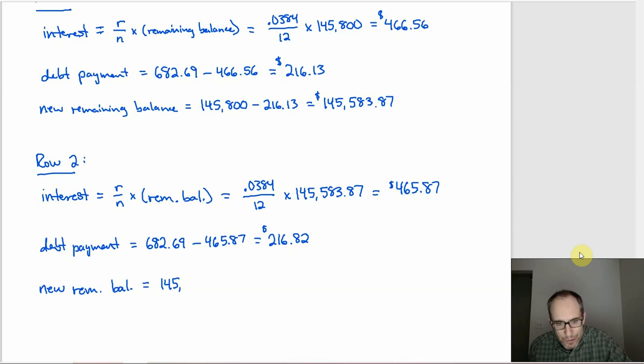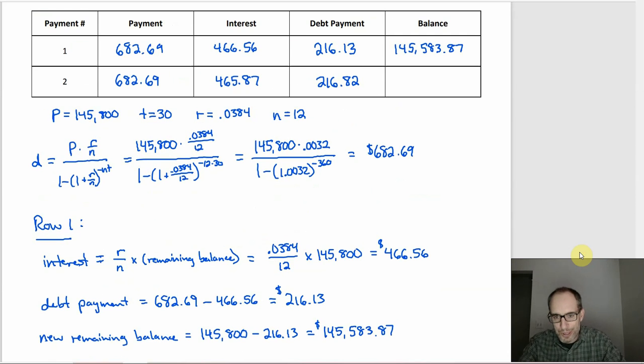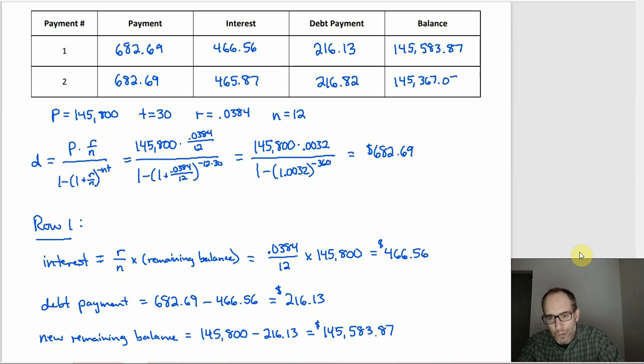So 145,583.87 minus 216.82 will work out to be $145,367.05. So put that up on the table. So 145,367.05. And there we go.